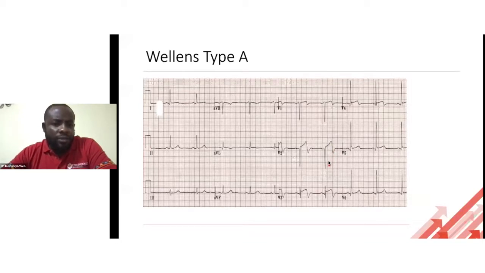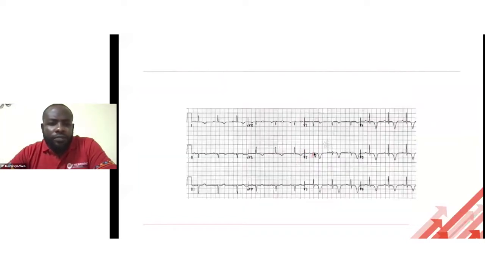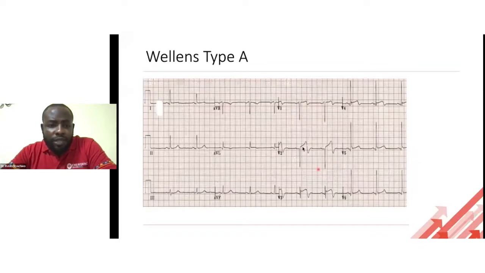With that history, with those risk factors, and with the ECG showing you biphasic T waves or inverted T waves, think about Wellens. If you actually get a chance to repeat ECGs for this patient within the next maybe 30 minutes to an hour, if the patient is not already in cath lab, if the patient is not already thrombolized, this actually goes up. This actually becomes a proper STEMI.